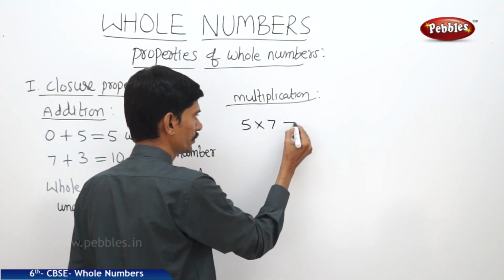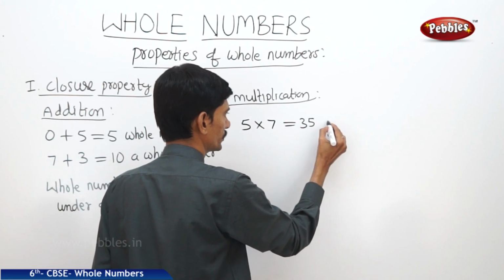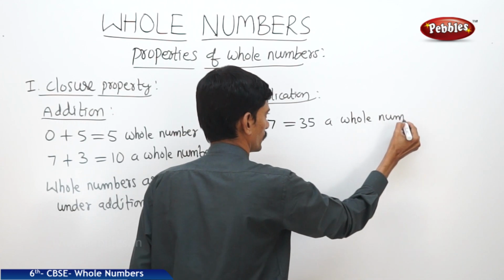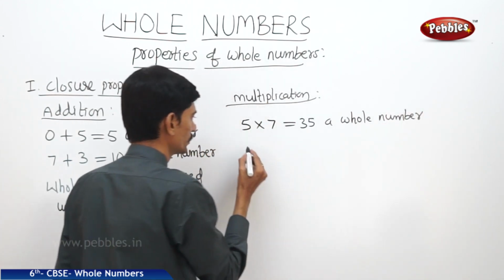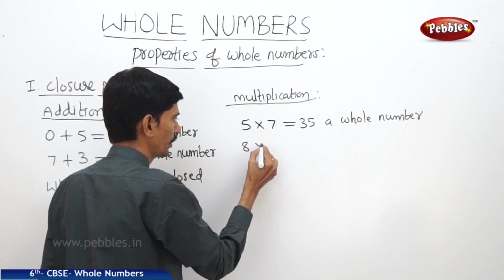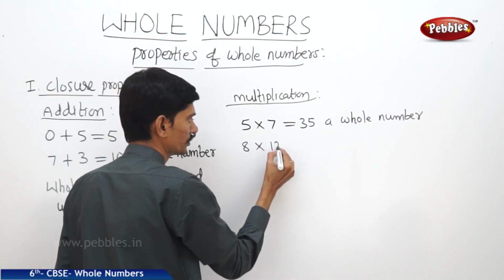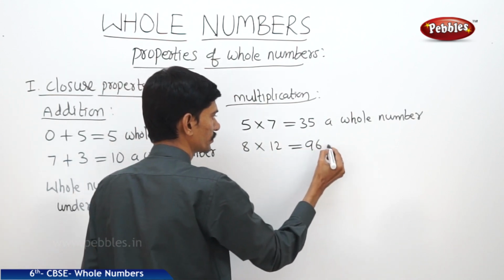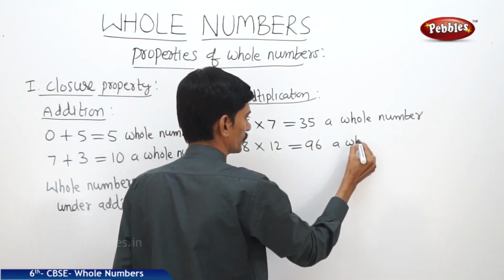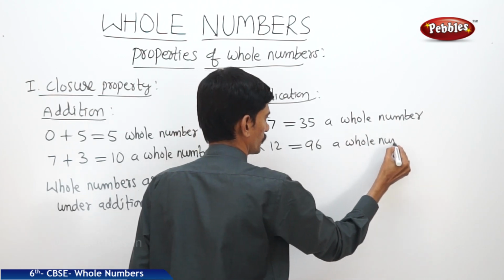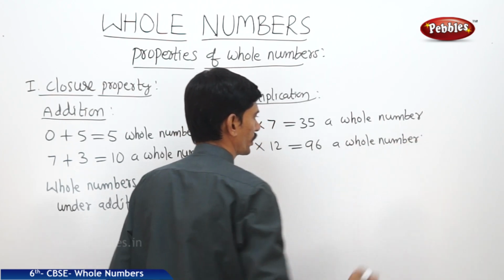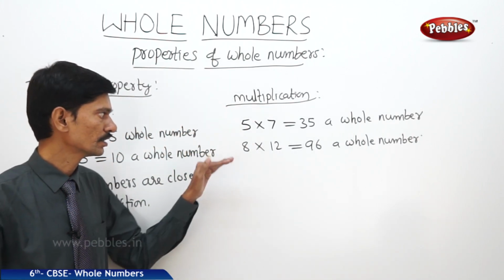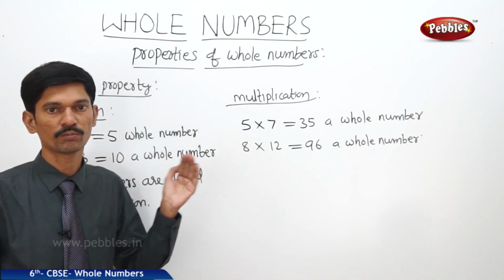Their product 5 into 7 equals 35, which is a whole number. Then 8 and 12 are whole numbers, and their product 12 into 8 is 96, which is a whole number. So the product of any two whole numbers is also a whole number, and whole numbers are closed under multiplication.